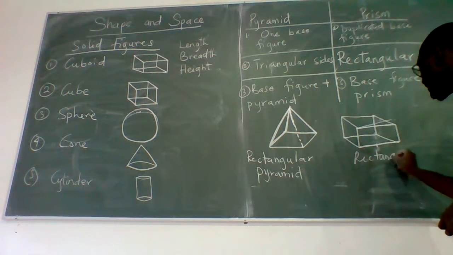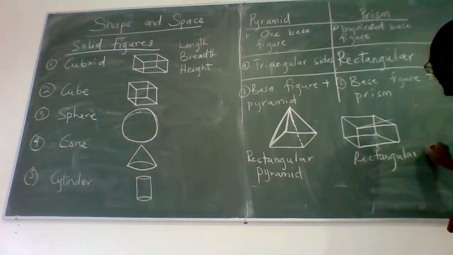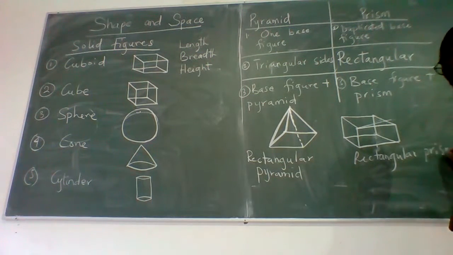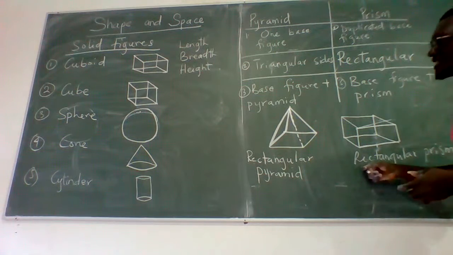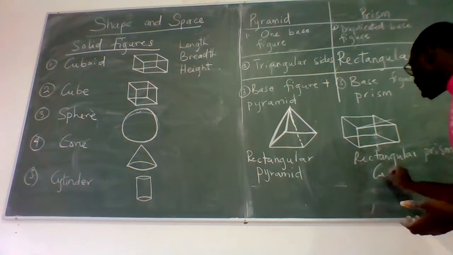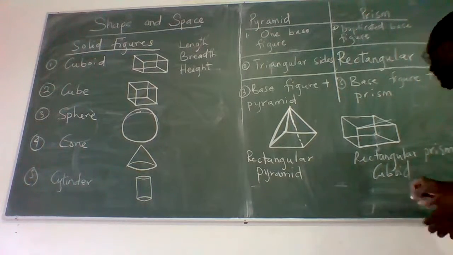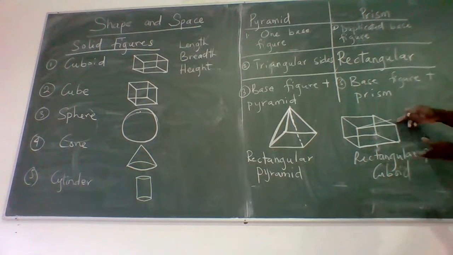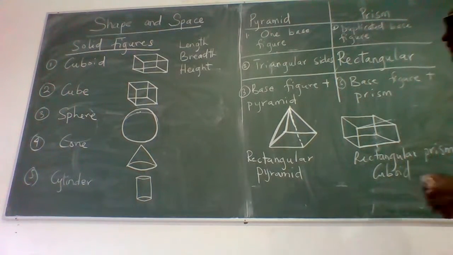So this becomes a rectangular prism. But this rectangular prism has its generally accepted name, and that is what you call the keyboard. So this is the same as that.